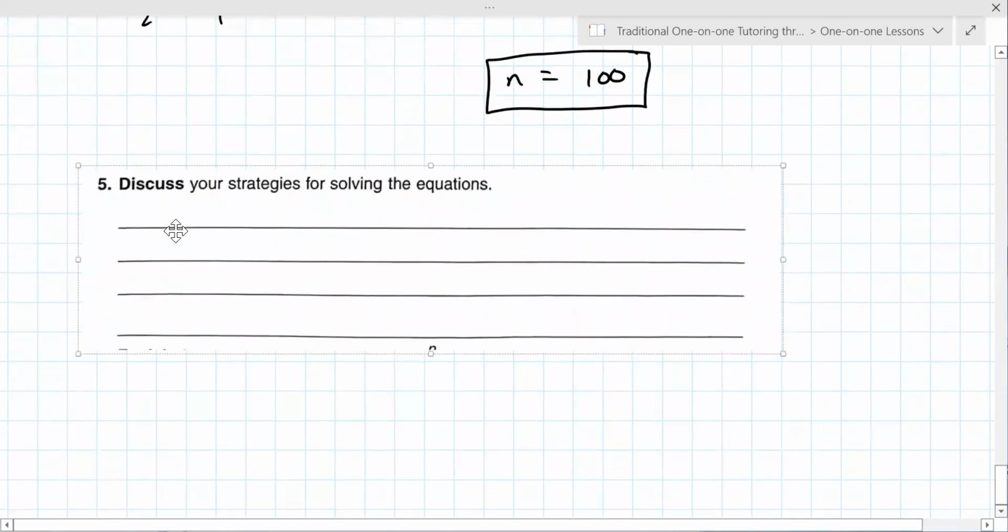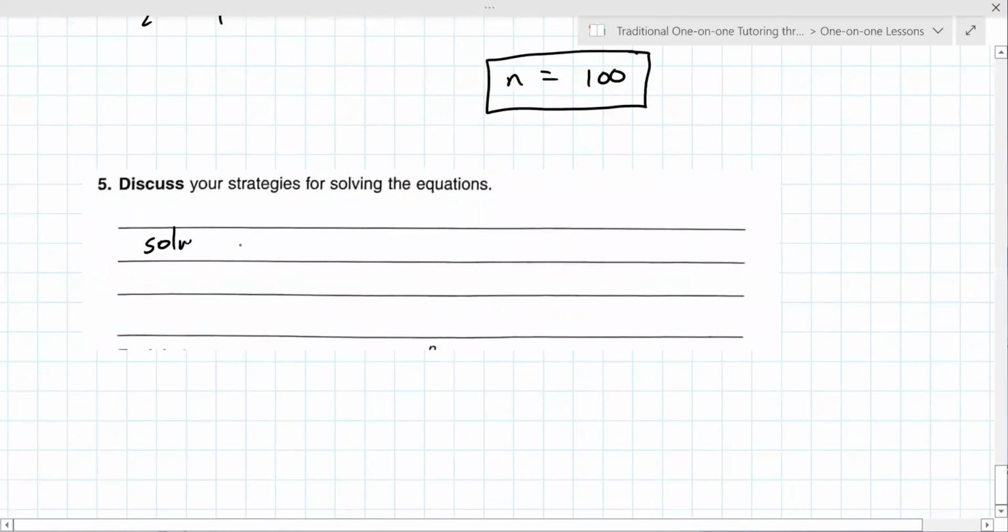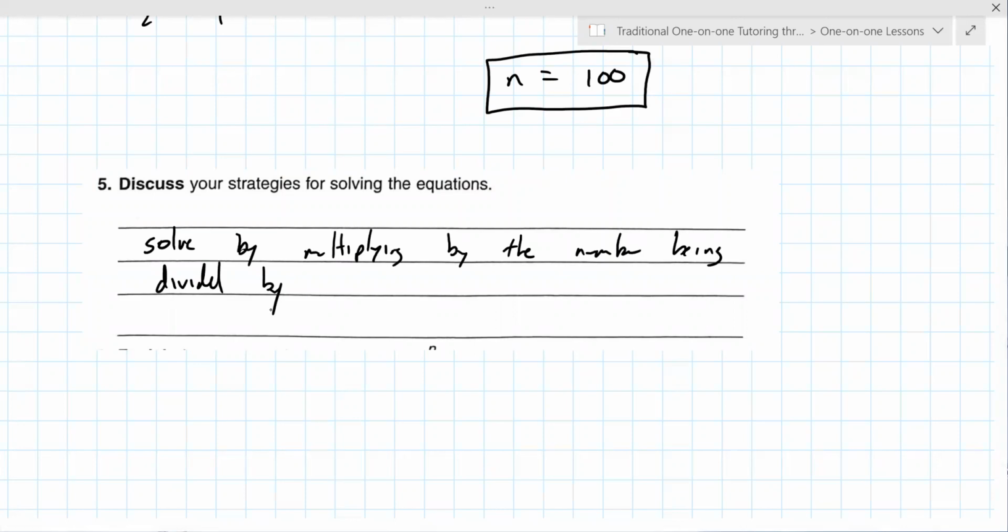You could say, let me get to the pen here, you solve by multiplying by the number being divided by. Now that's not great English, so maybe check with your mom on that, but you're trying to somehow convey that you know you have to multiply.